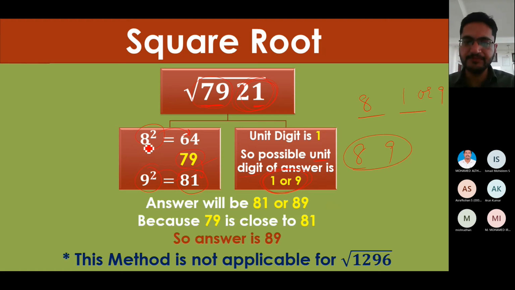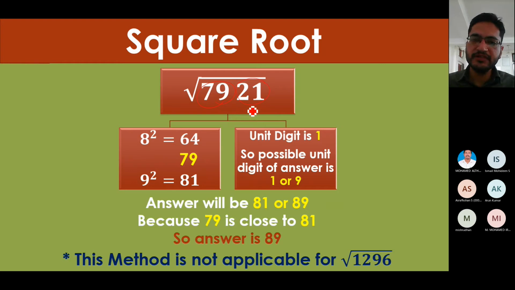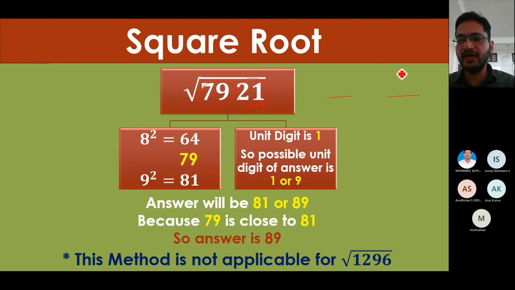Now I am repeating. In the first step, we make pairs of two digits. Because this number is ending with 1, the unit place is 1 or 9. Now 79 is greater than 64, and 64 is the square of 8, so this is definitely 8.